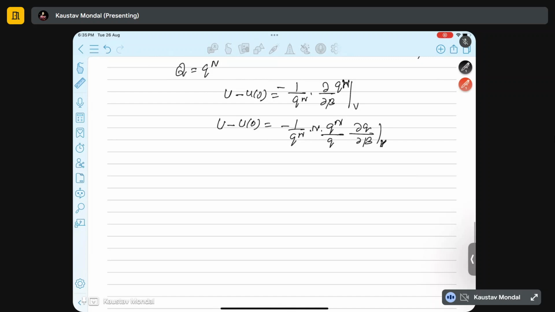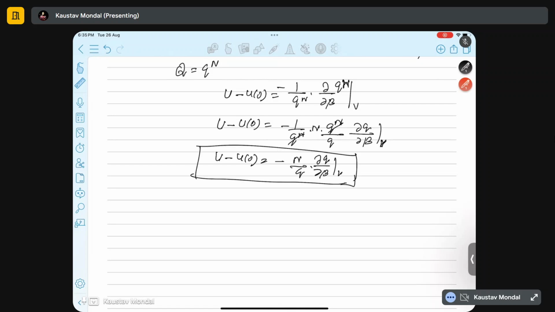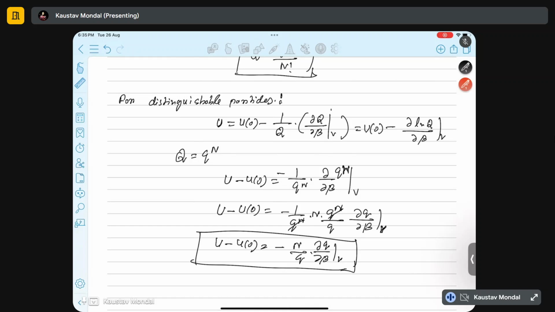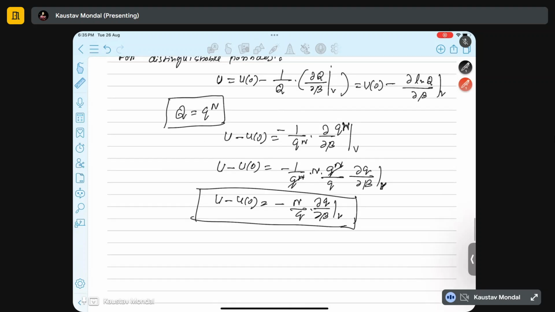If you simplify it further, the minus would be there, Q^N and Q^N will cancel, leaving N by q del q by del beta at constant volume. So this is the expression for distinguishable particles, where capital Q is equal to small q to the power N, N being the number of particles, right?